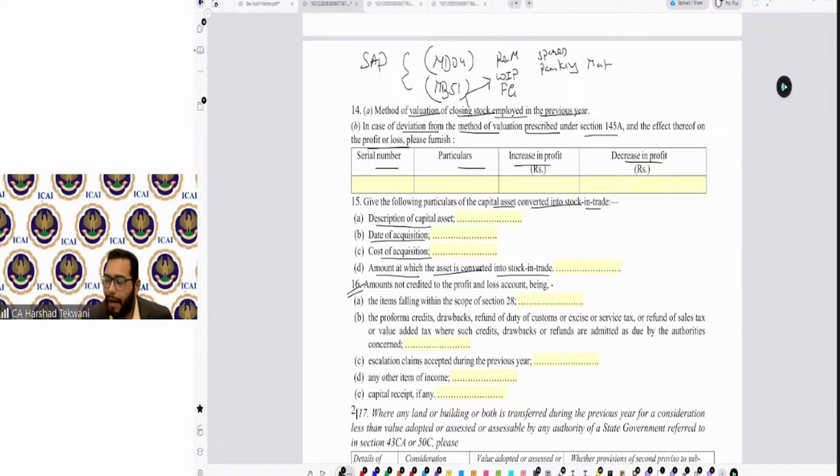Anita, with respect to 44AD, you are asking about the limit after the amendment. So you want to know the limit prescribed in the eligible business definition.